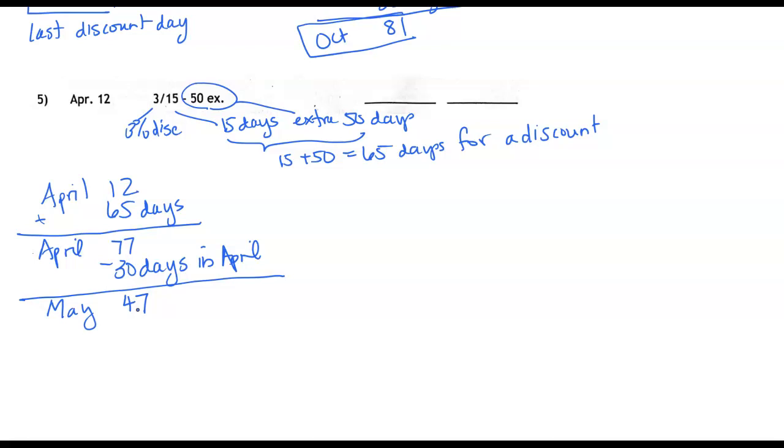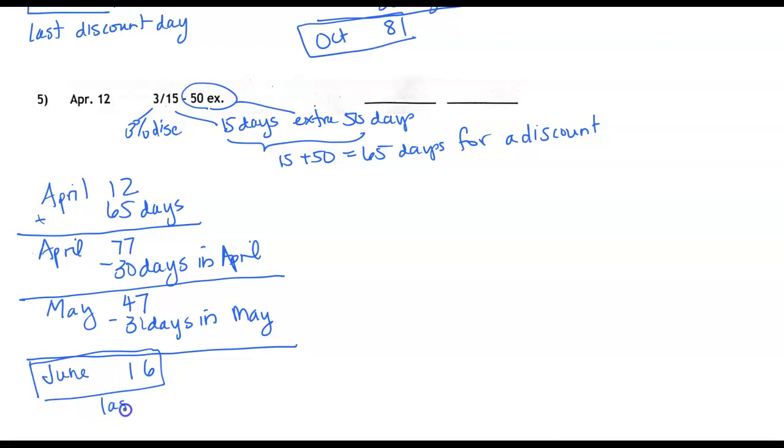May 47th doesn't exist, so we repeat the same pattern. Using my knuckles, I find out that there are 31 days in May. And the next month after May is June, and that moves 16 days into June, so that's our last discount date, June 16th.